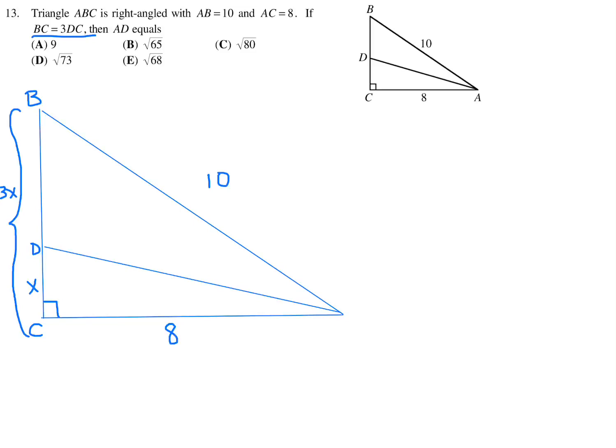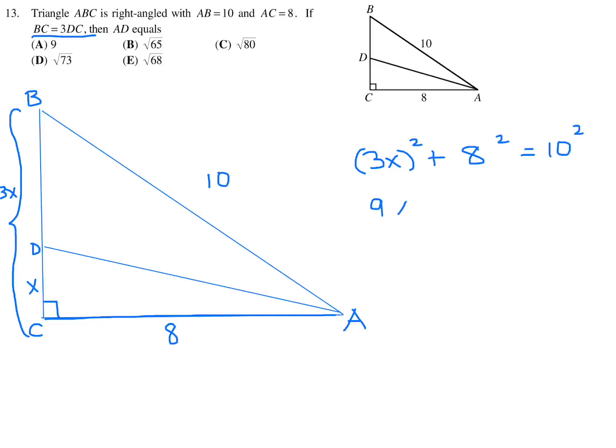So, looks like we have a whole bunch of Pythagorean theorems here. And this is A. So let's first do the Pythagorean theorem on the big triangle, which is ABC. And that would give us BC, which is 3x squared, plus this part here, AC, which is 8 squared, is equal to 10 squared.